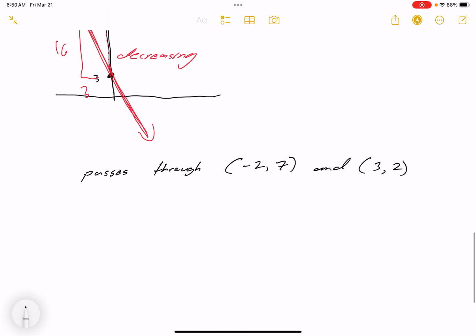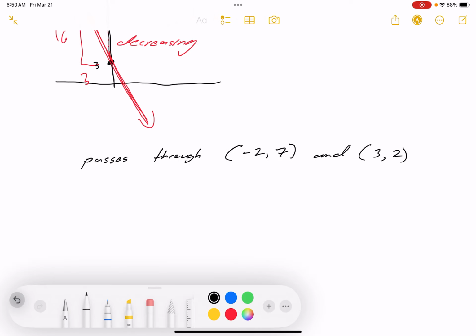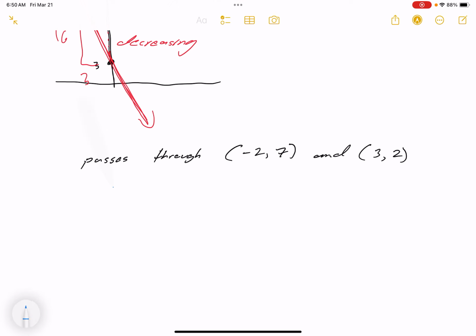Alright, I'm going to do this now so you can check your answers. I'm not going to go too much into how to do it, we're just going to run through it. So m equals, let's label it x1, y1, 2 minus 7 over 3 minus negative 2, which is 3 plus 2.